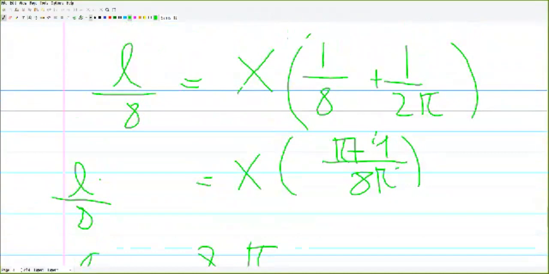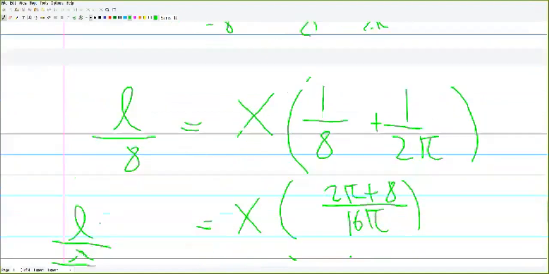8 pi, or actually I could just multiply it. It would be 16 pi. So if I multiply it, it's going to be 16 pi divided by 8, that's 2 pi, plus 16 pi divided by 2 pi, that's 8.